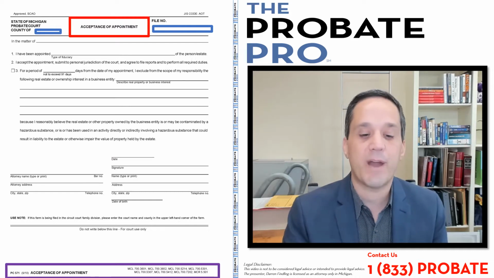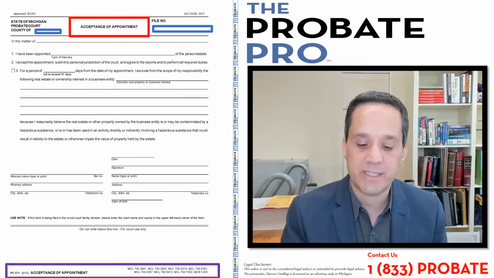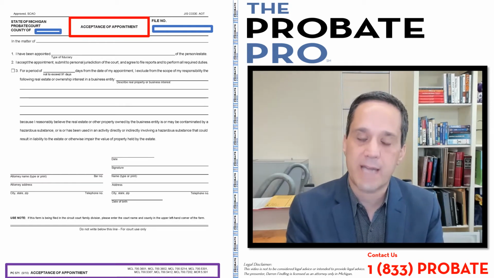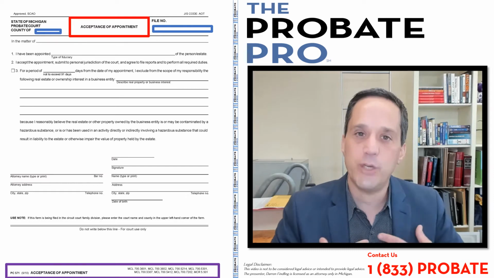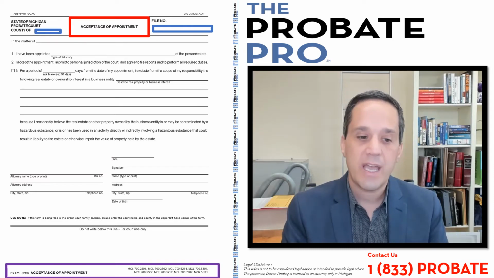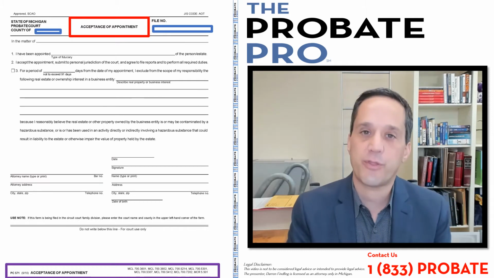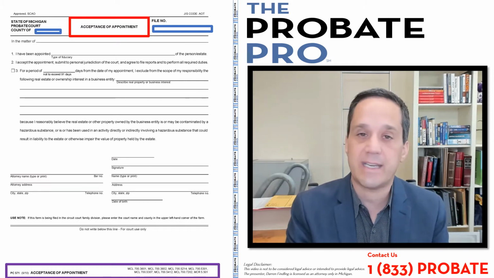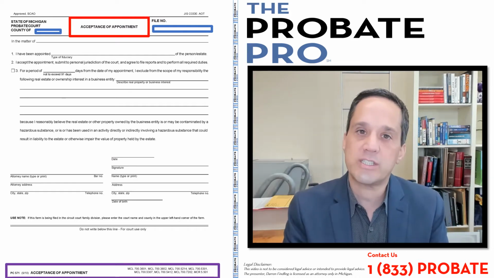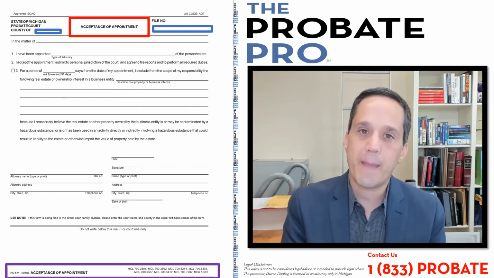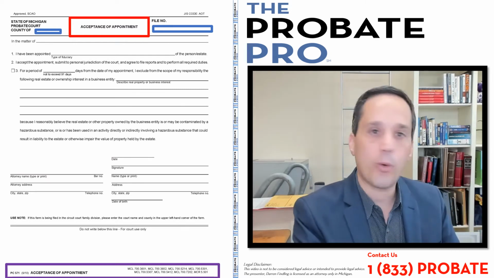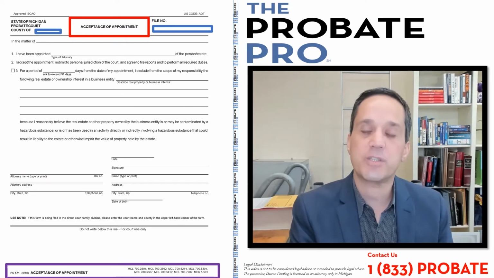The next statute referenced is MCL 700.3602, and this is a common theme with this acceptance of appointment document. When you, as the fiduciary that has been nominated, sign it and file it with the court, and then obtain your letters of authority, whether it's in a deceased estate, guardianship, or conservatorship, you are then consenting to the jurisdiction of the court. So imagine you've been appointed maybe in a will, or you've been appointed or nominated through a proceeding.